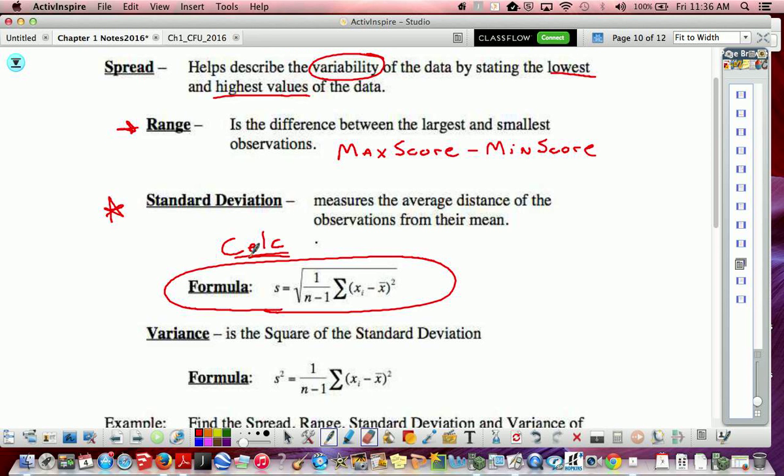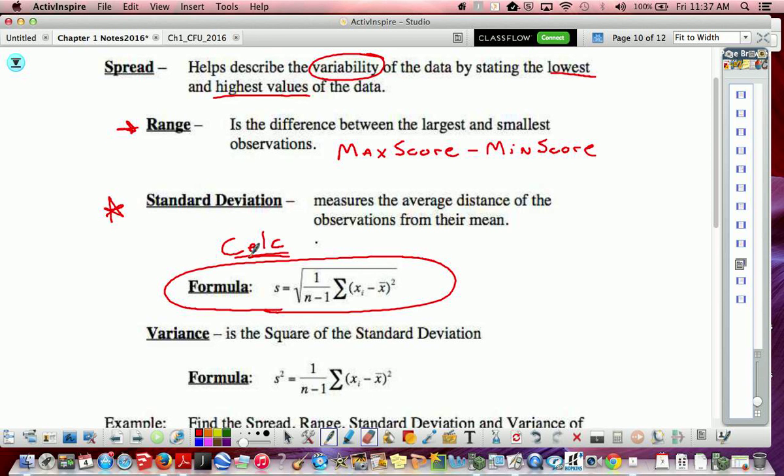So what we've done here is we've actually done this part of it. We've done the summation of all those values. So now what it says is multiply it by 1 over n minus 1, or what it says is, take this value and divide it by one less data point.